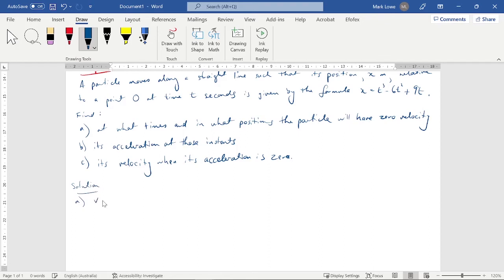Velocity, v, we might write, would be the same as dx/dt, the derivative of x, its position, with respect to time, and so that would be 3t squared minus 12t plus 9.